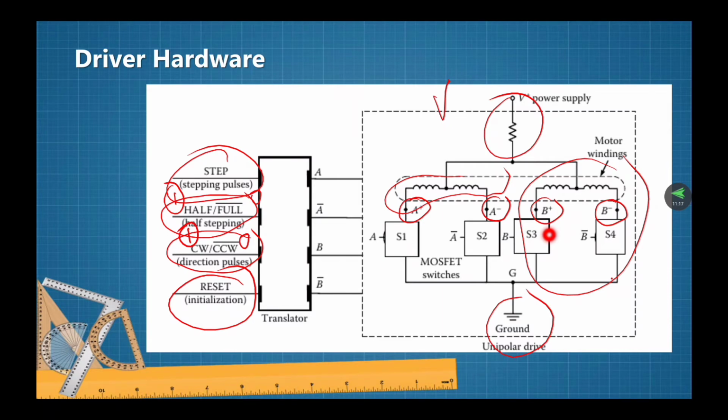And then the driver provides appropriate signals to the switches, or the switching MOSFETs, that actuate the phase winding. This is the translator unit of the drive hardware, and it's contained within the indexer of the drive system.